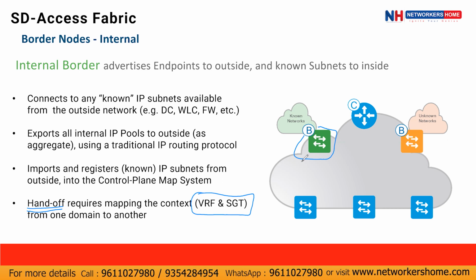So now, when a specific endpoint connected here is sending any data for the outside world, or you can say to the data center within the known networks part, this border is responsible for maintaining the VRF and the SGT when it goes out and comes in, because when it exits, as I told, the SDA fabric ends here. Just like service VRF, we can define over here.